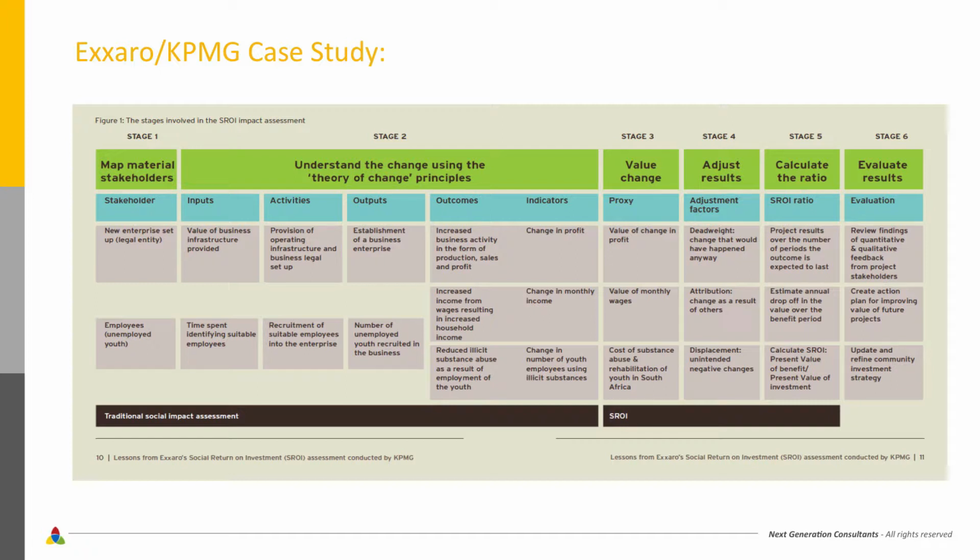So the proxy for that value was the value of the change. So the bakery went from 1 million turnover to 2 million. So there's R1 million worth of difference. Then they adjusted that for debt weight. They've adjusted it for a calculation ratio. And that's how they got to the end result.